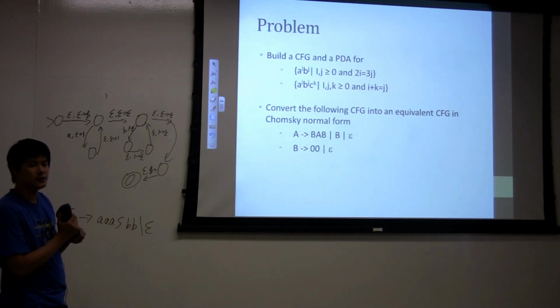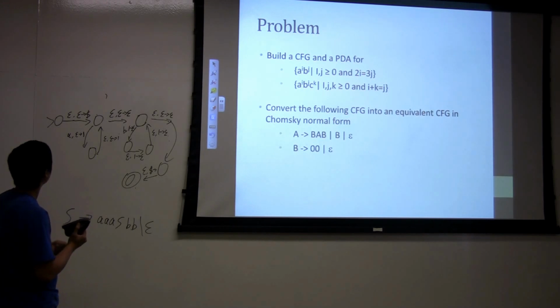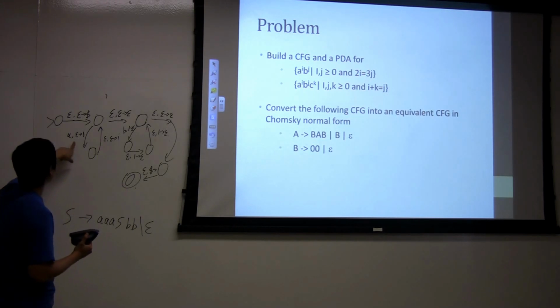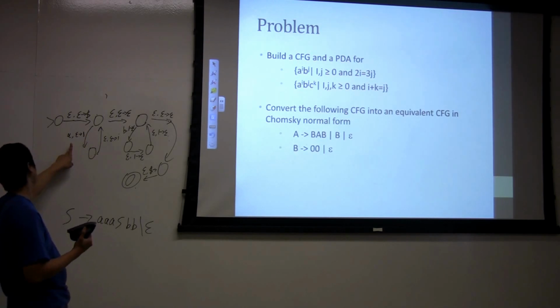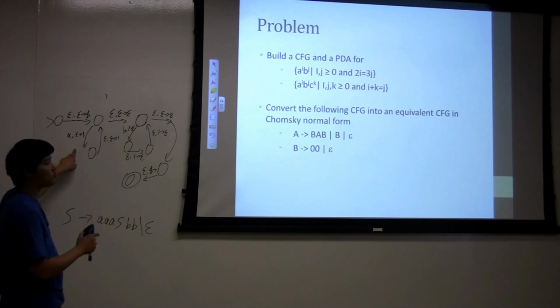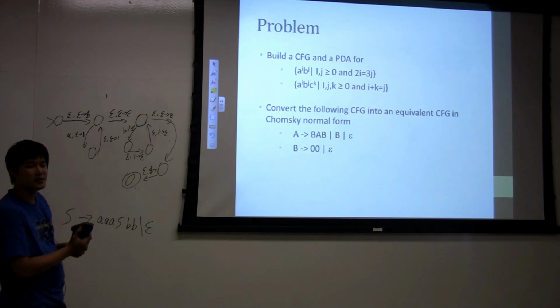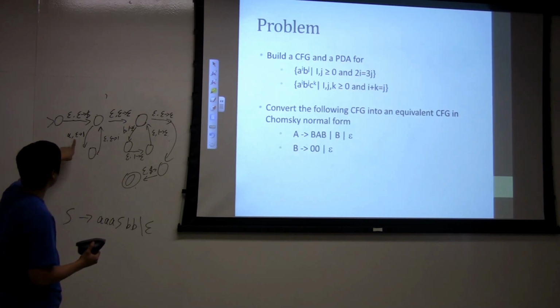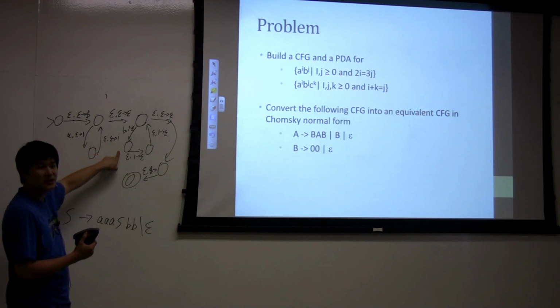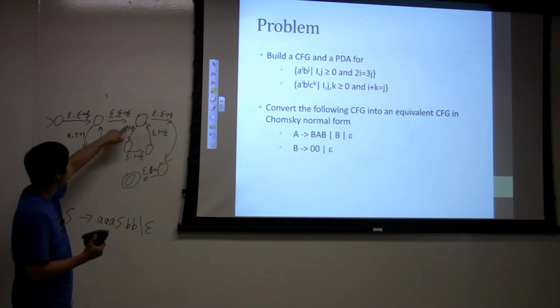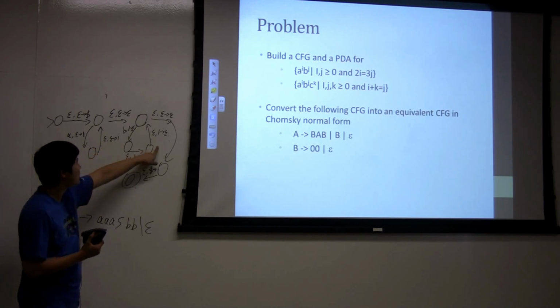How is this accounting for 3 A's? If you have A, you put in 2 1s. Then if you only have 1 A, you cannot read B, because if you have a B, then you have to pop out 3 1s.